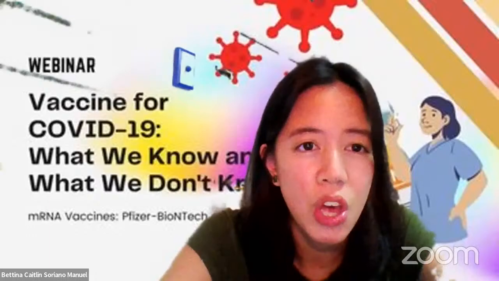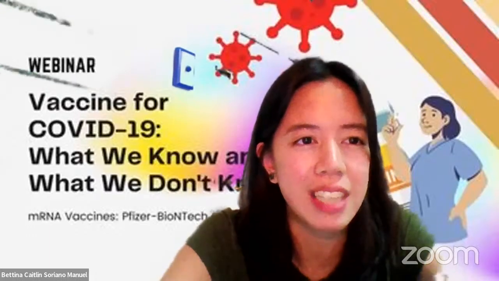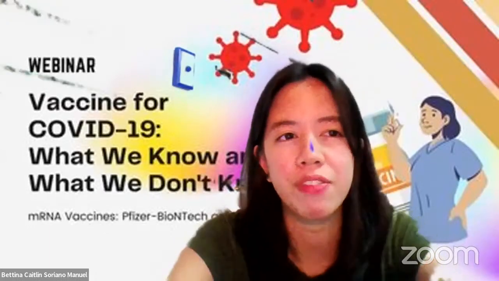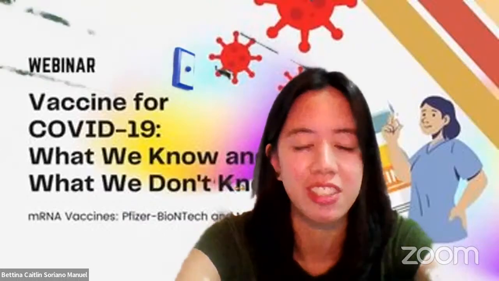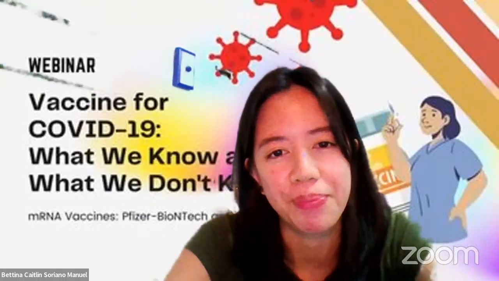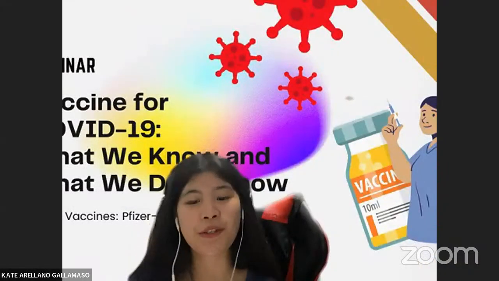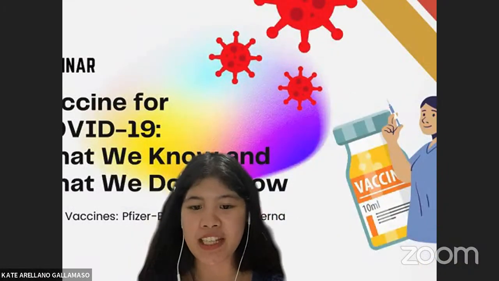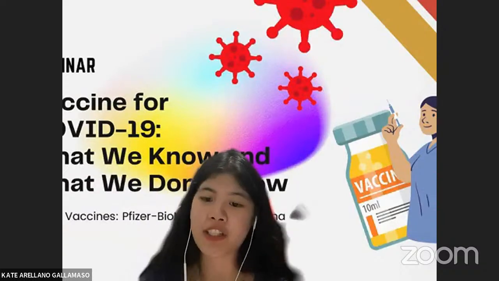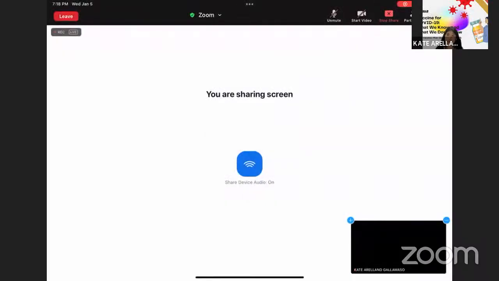However, the material never enters the nucleus of the cell, which is where our DNA is kept. So to be safe, COVID-19 vaccine does not alter our DNA. Okay, thank you, Bettina. So the source of this are from CDC or Centers of Disease Control and Prevention, which you can see on our references.